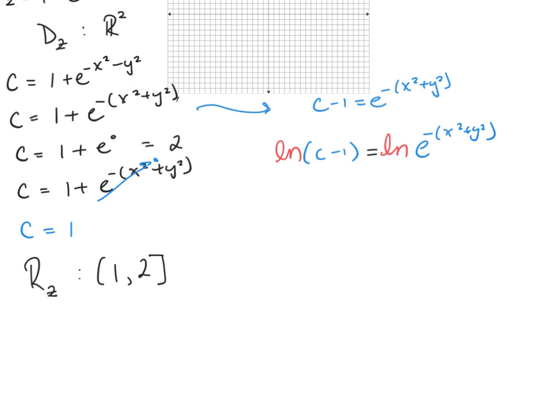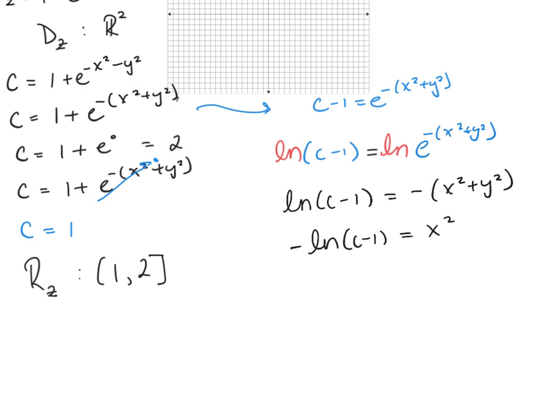And so I end up with the natural log of c minus 1 is equal to negative x squared plus y squared. So let's go ahead and bring that negative to the other side. So I have the negative natural log of c minus 1 is equal to x squared plus y squared.